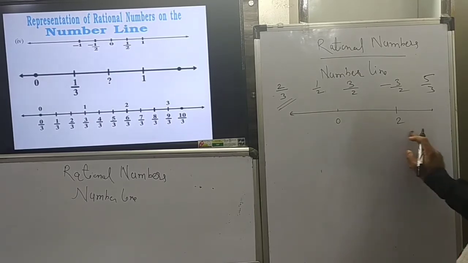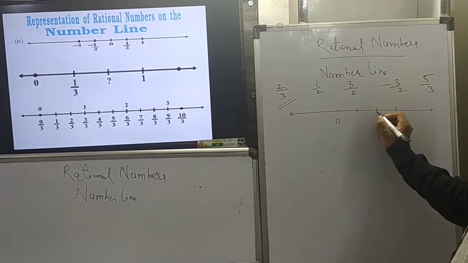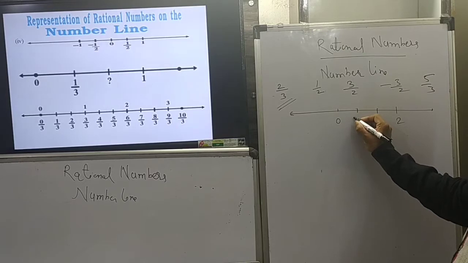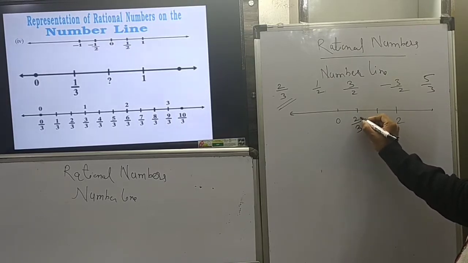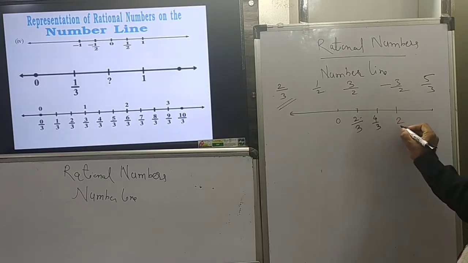Not only 3 parts, but 3 equal parts. Let us say this is one equal part, second part, third part. And this first part is 2 by 3. Second part is the multiple of this 2, that is equal to 4 by 3. And this third is 6 by 3, that is equal to 2.